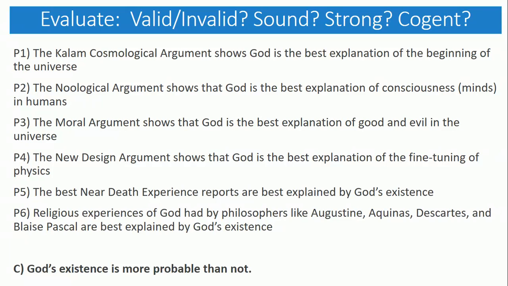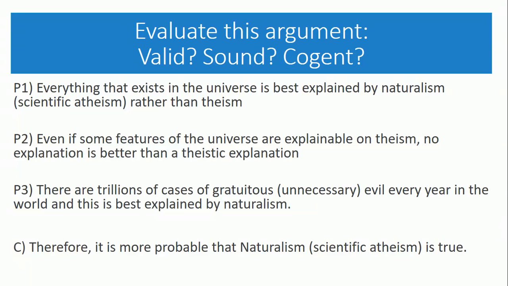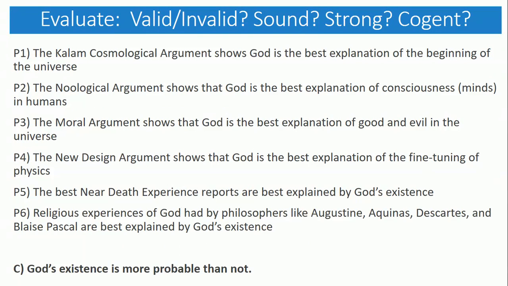All right. Now, have any of you studied any of these arguments for God's existence? So, this is an invalid argument. Anytime you conclude it's more probable than not, you're going to get an invalid argument. So, have you studied any of these arguments?